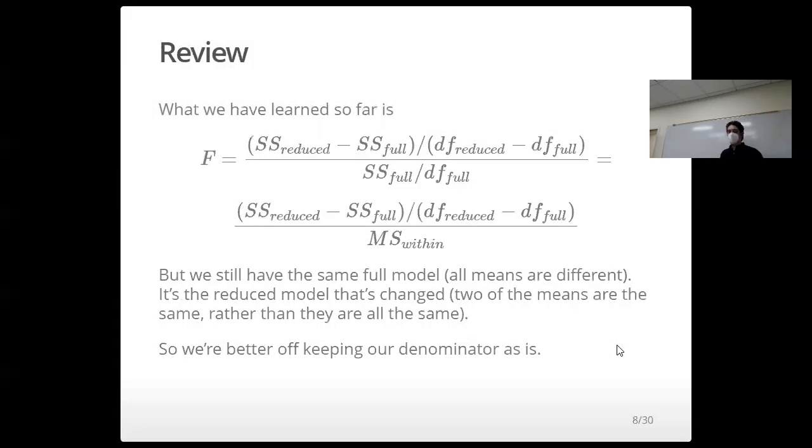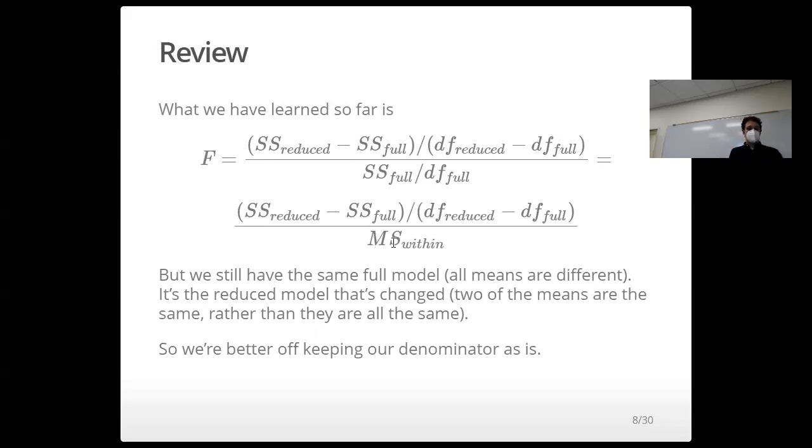Another way to look at it is that the general form of the F statistic is sums of squares reduced minus sums of squares full, divided by df reduced minus df full, divided by sums of squares full divided by df full, which in an ANOVA we can also rewrite the denominator as just our mean square within.